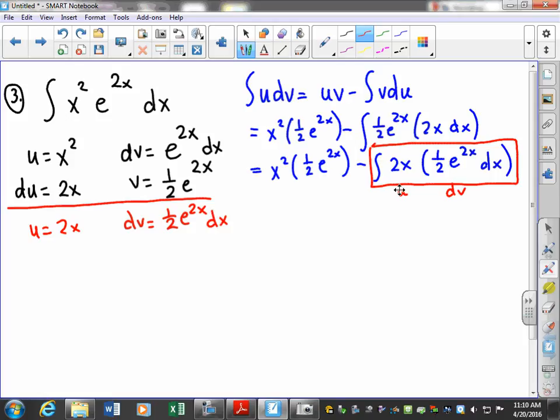So what's the derivative of u here? 2 dx, good. And what would be the integral of this? If we take the integral of that, we would just have, good, 1/4 e to the 2x. Okay, of course, plus a constant when we put v equals.